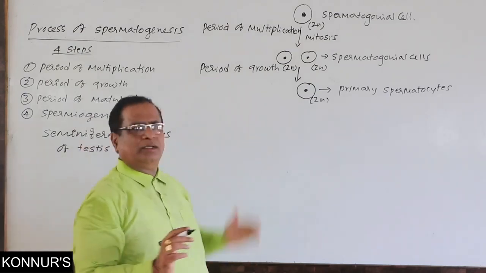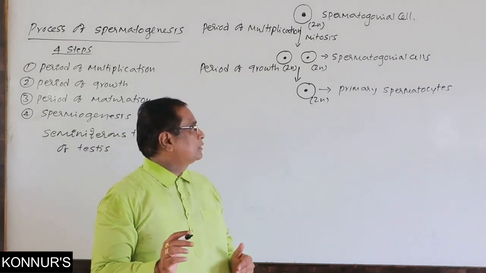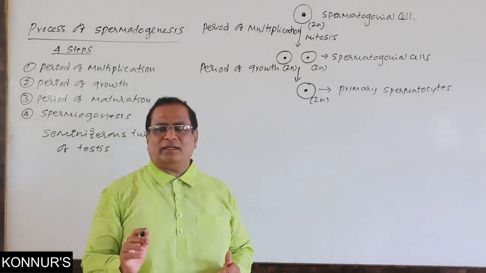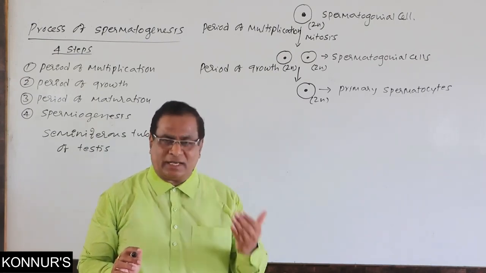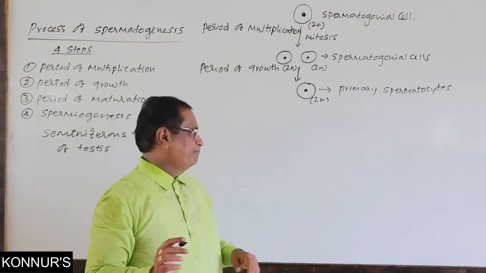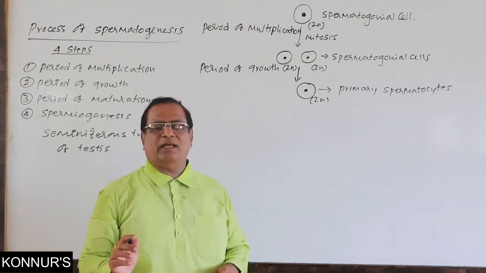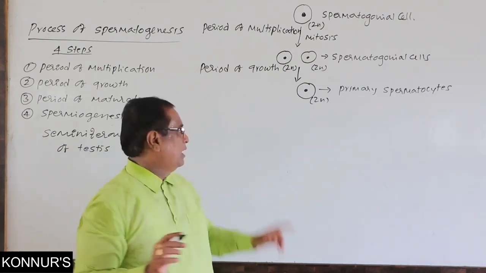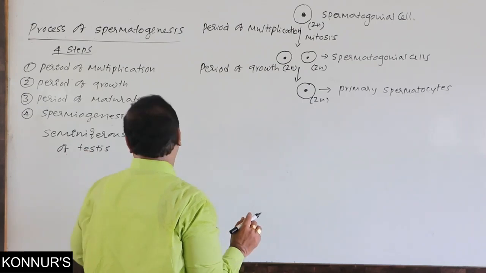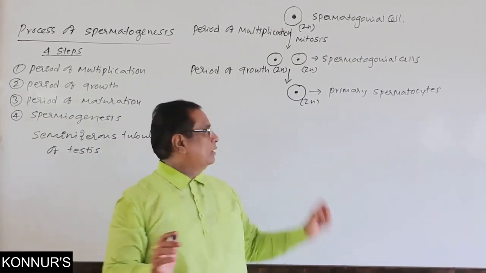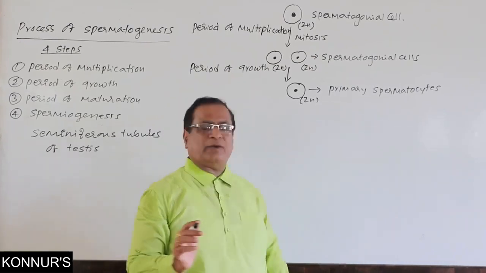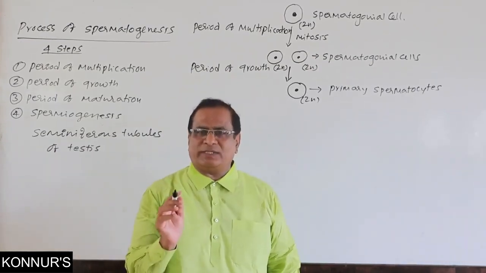All the spermatogonial cells, their cellular and nuclear contents are increased. They become primary spermatocytes, but they are diploid. And now, in the third step, that is period of maturation, these primary spermatocytes undergo meiosis.